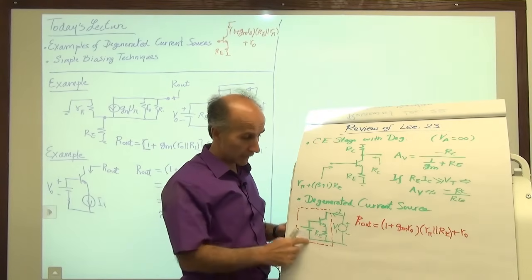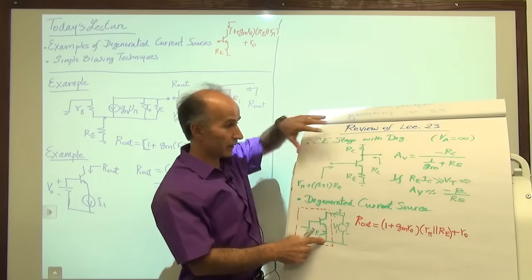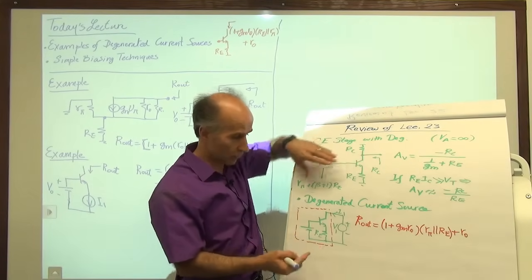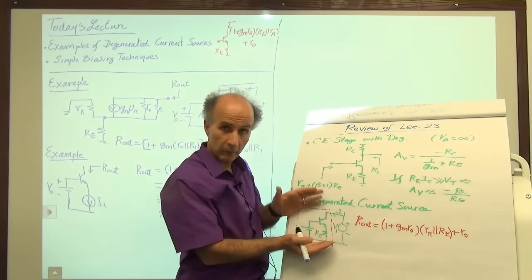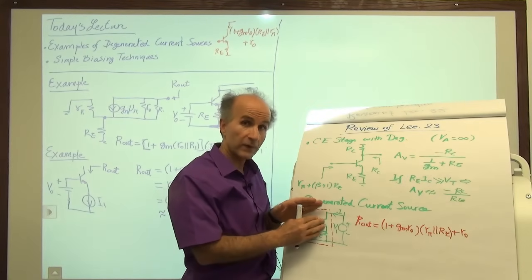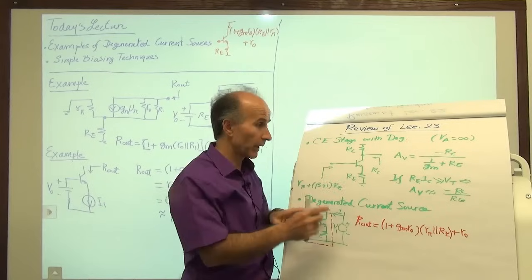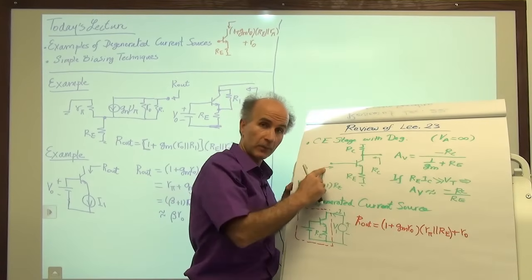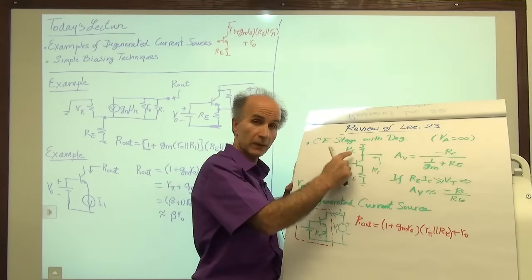In this very special case, which is not the general amplifier, it's just one little circuit by itself, one little current source by itself, we assumed the early effect was not negligible. But for the voltage gain and the input impedance and the general output impedance, we did.